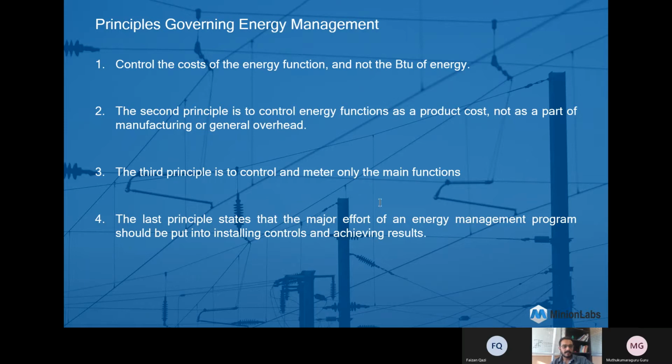The fourth principle states that the major effort of the energy management program should be put into installing controls and achieving results. Each step of the process should be monitored to achieve appropriate results.